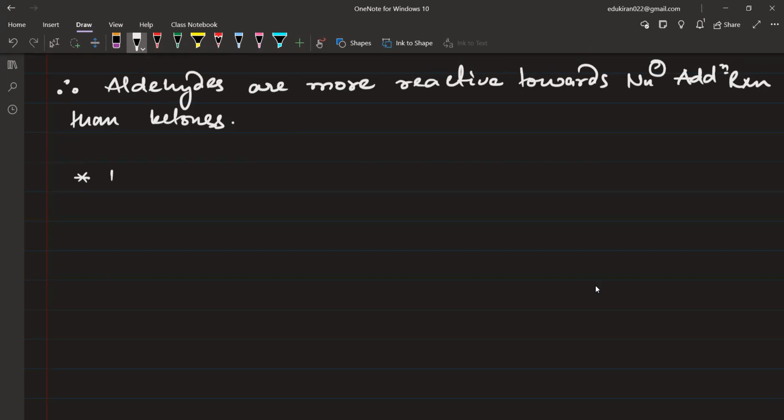Next, right. Benzaldehyde. Okay, so when you look at benzaldehyde, its reactivity will be even less. It will be so less that it sometimes does not even react very easily. It does not react at all sometimes. So please write benzaldehyde and acetophenone.